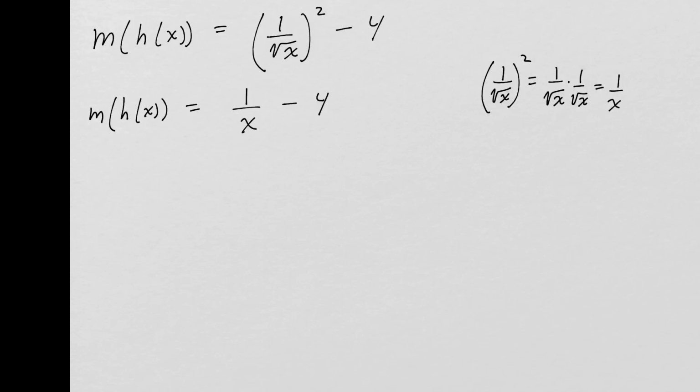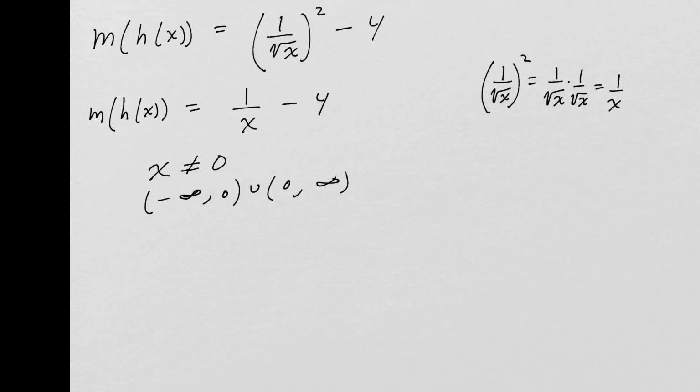And it looks like the only problem is going to be x can't be 0, right? Because we can't divide by 0. So you could say x can't be 0. And then that would mean the domain is going to be from negative infinity to 0, union 0 to infinity, right? The only value that can't be used is 0.